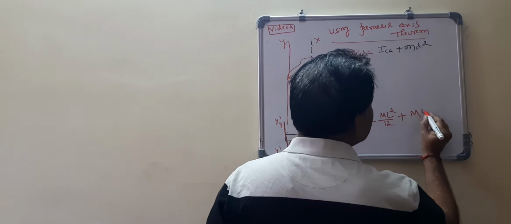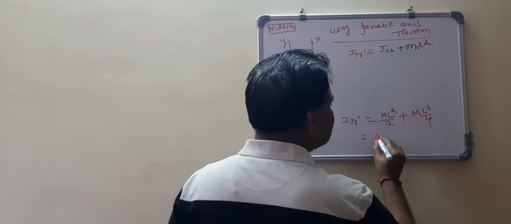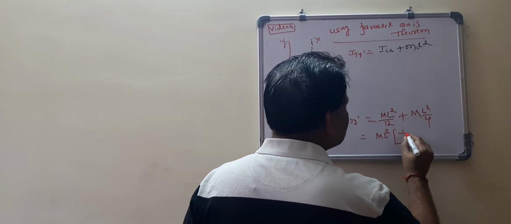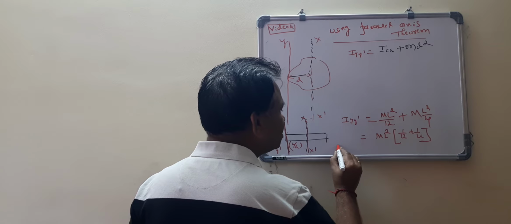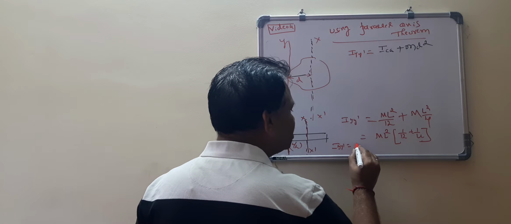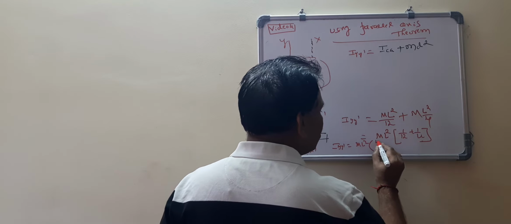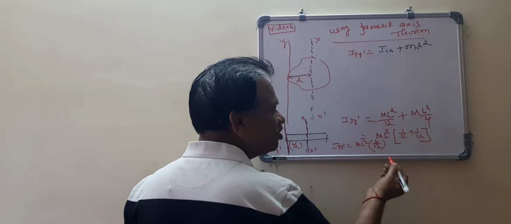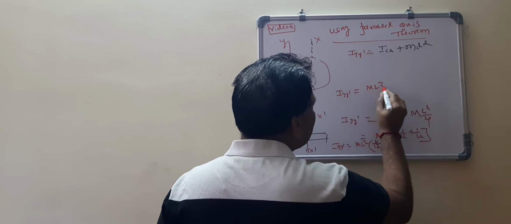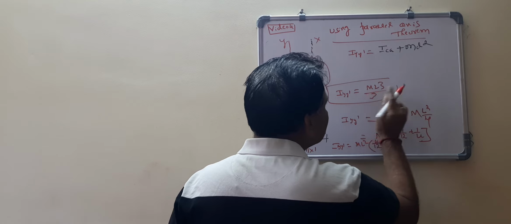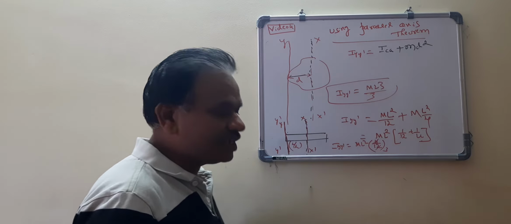Square means L square by 4. Then take L square common: 1 by 12 plus 1 by 4. How much do you get? I y dash equal to ML square into 1 plus 3, 4 divided by 12. What is 4 by 12? 1 by 3. So I y dash equal to ML square divided by 3, because 4 ones are 4 threes. Is it not the same as the previous case?